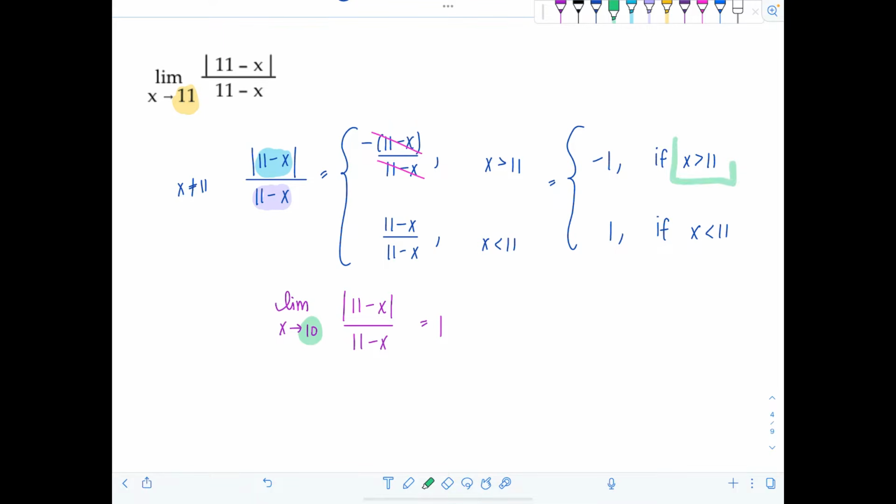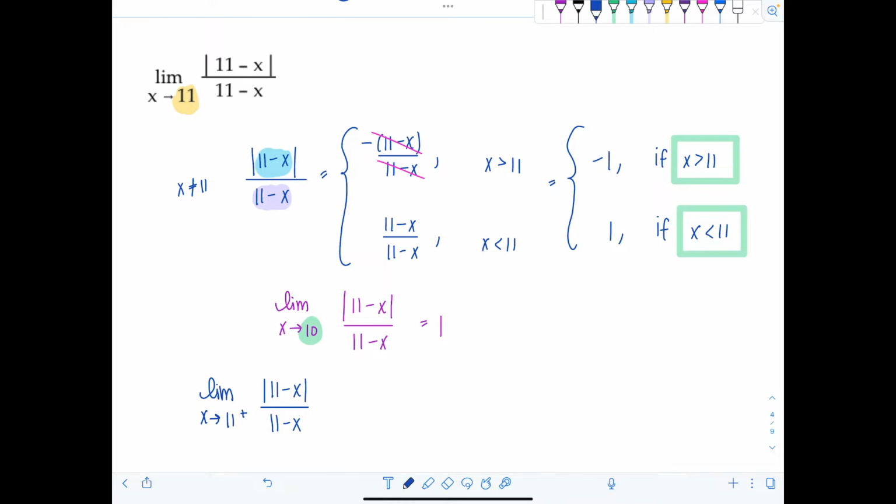So you're like, which one do I use for 11? The left side or the right side? Well, you check both. That's what you got to do. So as x approaches 11, first we're going to check from the right, of absolute value of 11 minus x over 11 minus x. So from the right, we're coming from values larger than 11. This limit's negative 1.